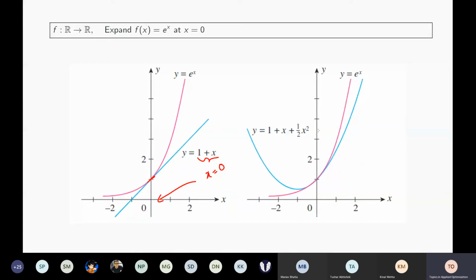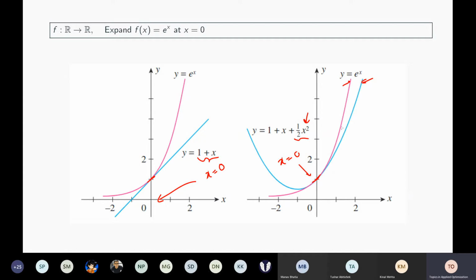And if we had gone further and also included the third term from the Taylor series, then we would have a quadratic approximation because there is a power here. So at x equals 0 again, which is approximation somewhere here. So it is slightly bent now. This is the blue curve that we are talking about, the approximation, and this is the original function e to the x.